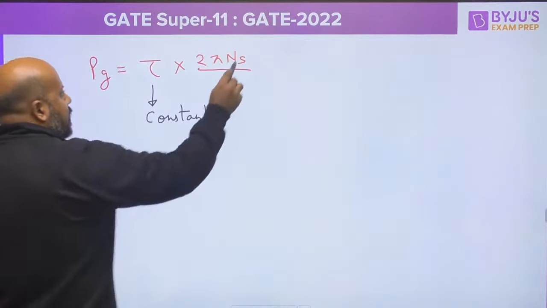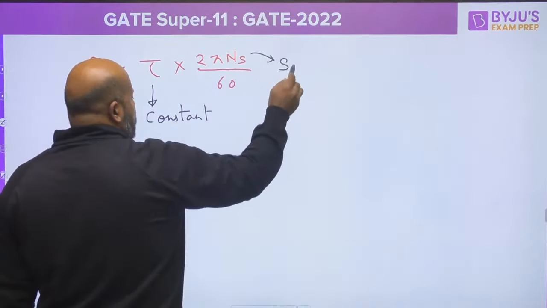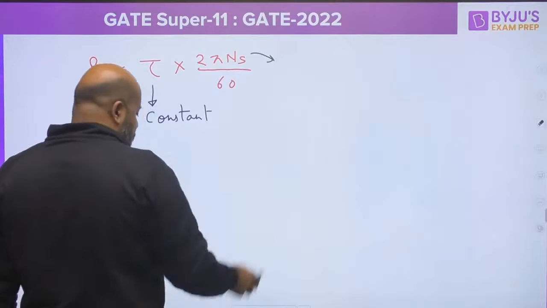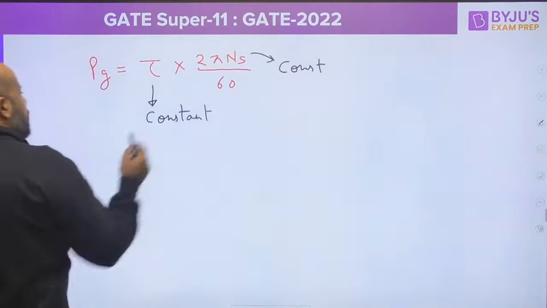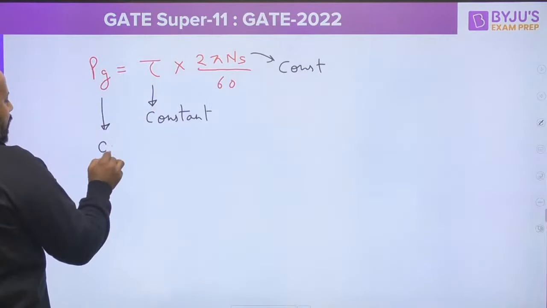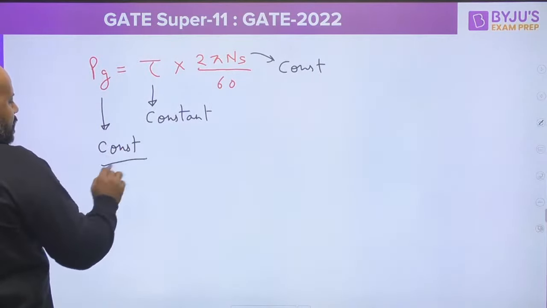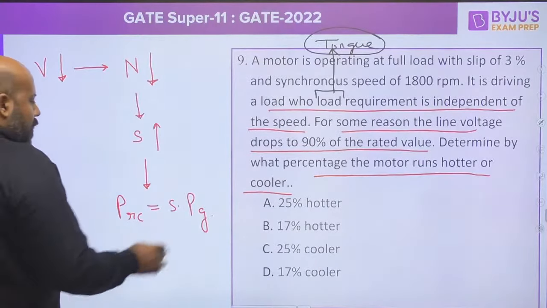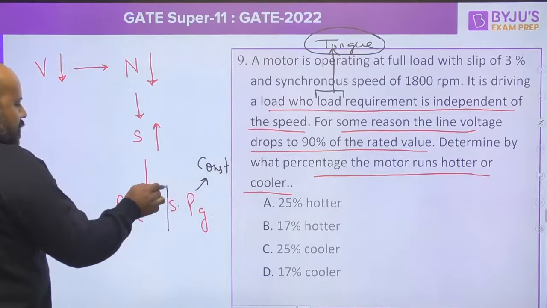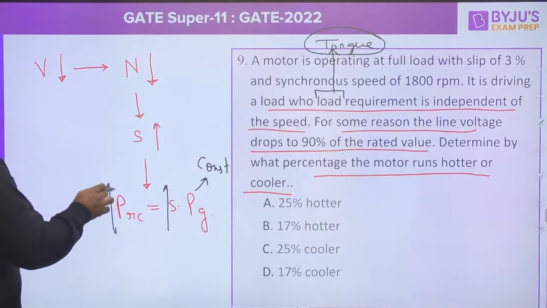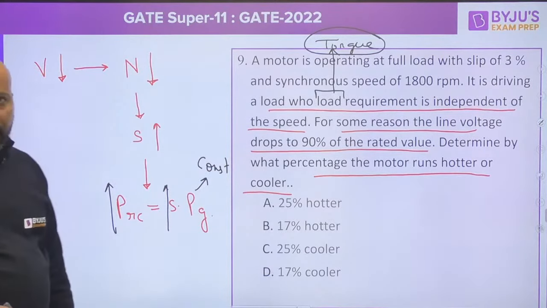Supply frequency is not changing, so you can say the synchronous speed is also going to be constant. So by using this relation, can we say that air gap power is going to be constant? Yes. The moment you say air gap power is constant and the slip is increasing, can I say the rotor copper losses are increasing?